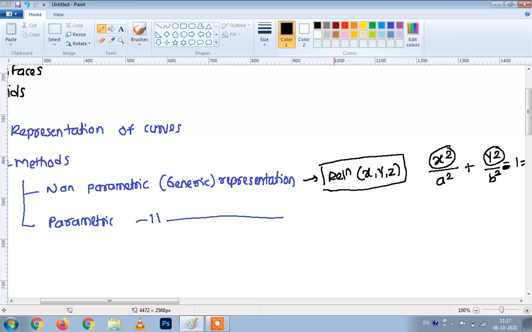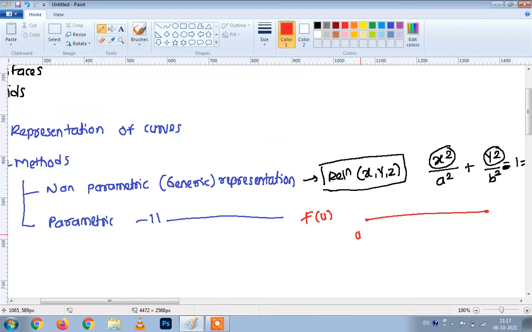Whereas in case of parametric representation, the curve is not represented as a relationship between x, y, z, but it is represented as a function of some independent parameter u. It acts as a local coordinate of a point on any curve. Suppose here is one curve.